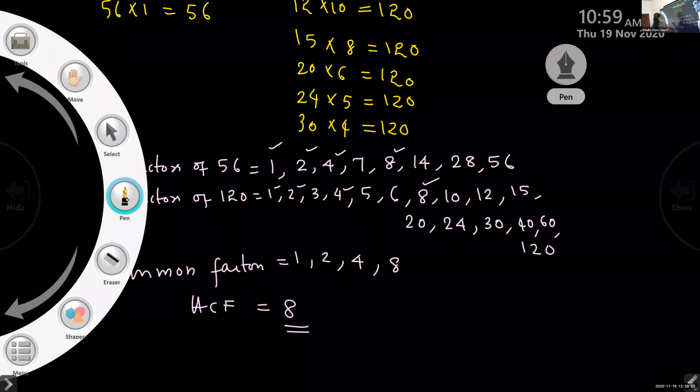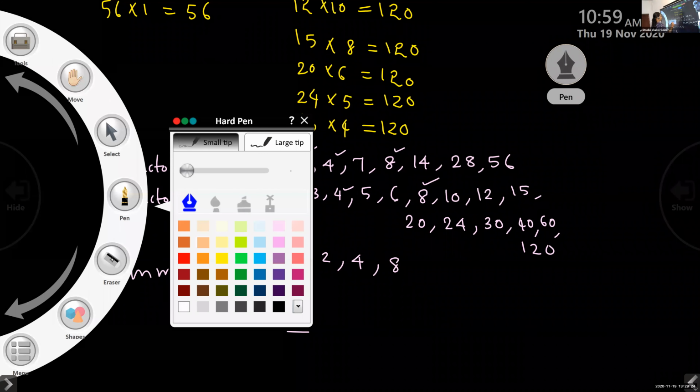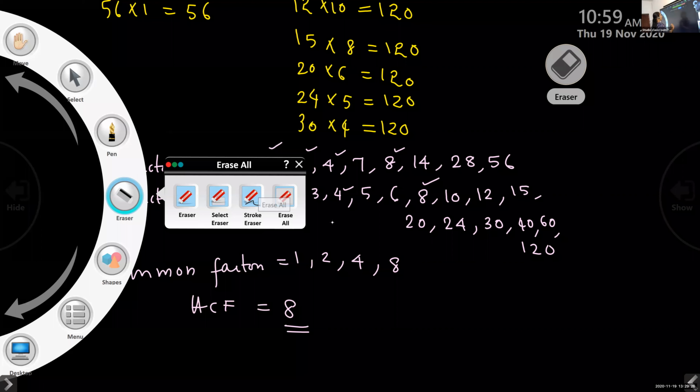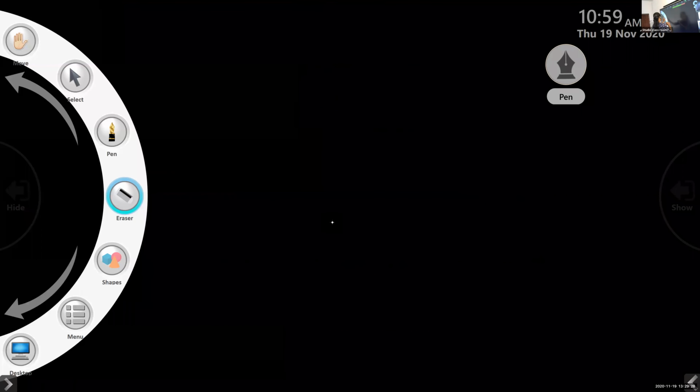Okay, now you write the heading: finding HCF by division method.